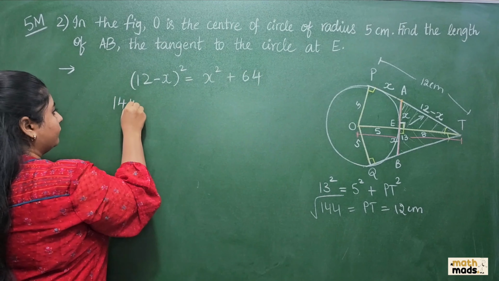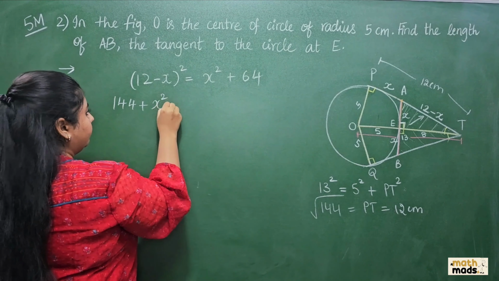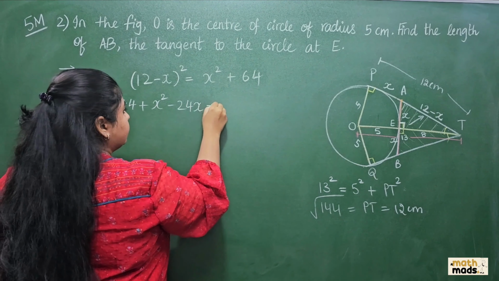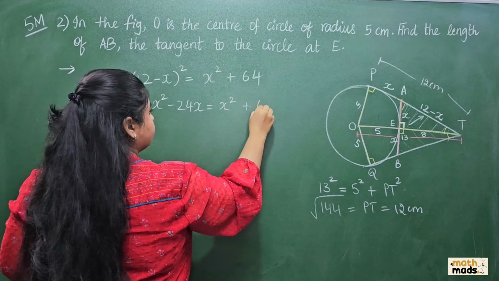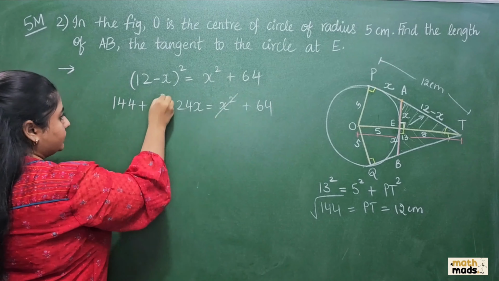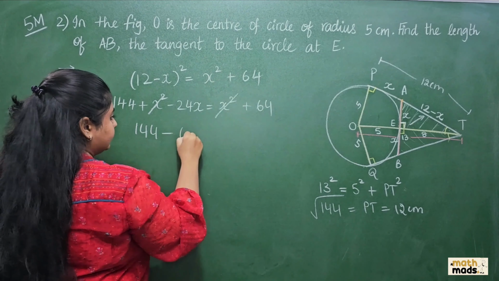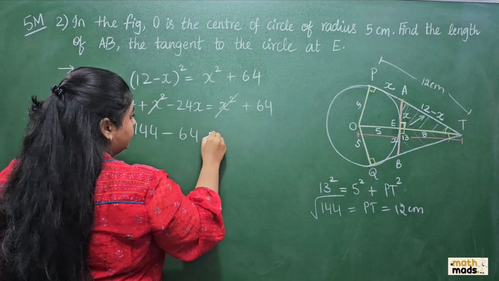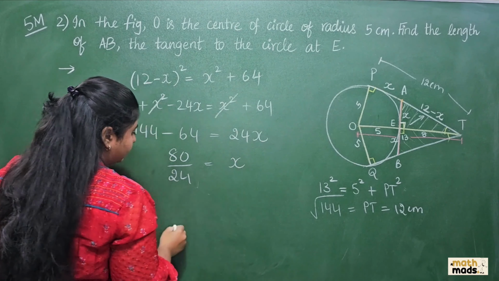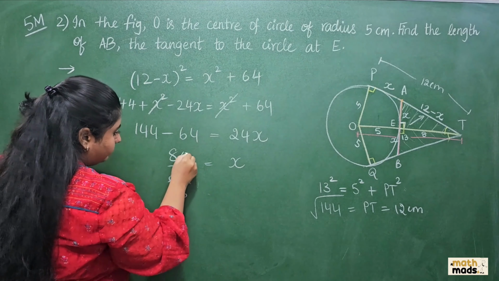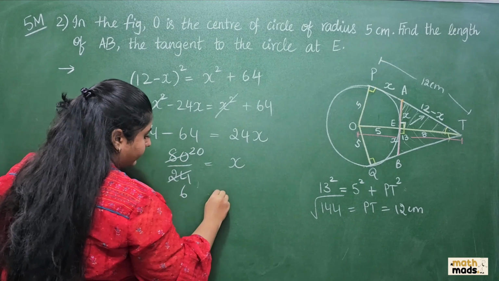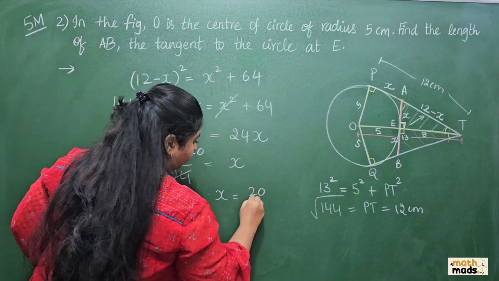I'll get 144 plus x square minus 24x is equal to x square plus 64. x square and x square get cancelled. So I'm left with 144 minus 64 is equal to 24x. This is 80 by 24 is equal to x. On further simplification, you get x is equal to 20 by 6.